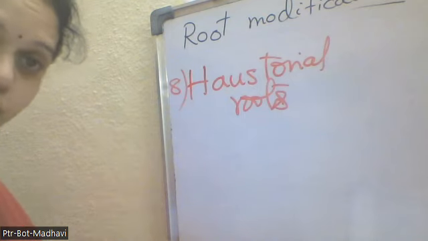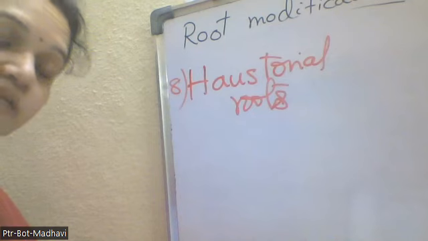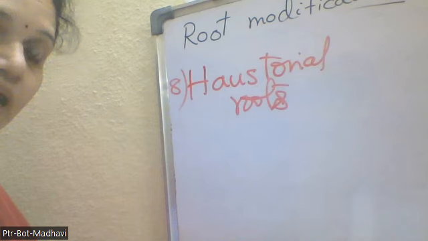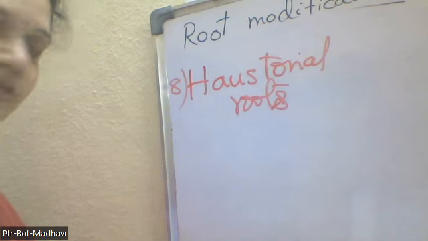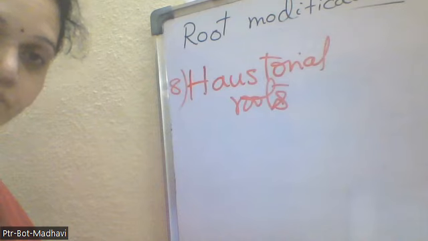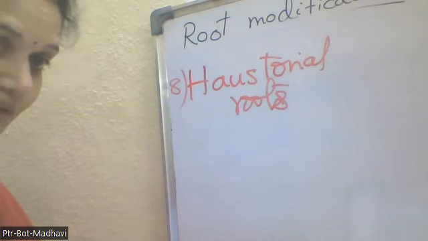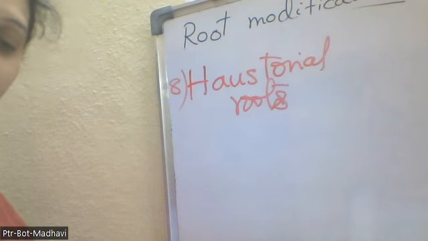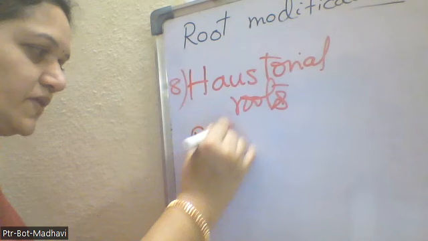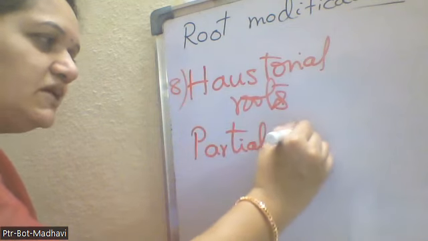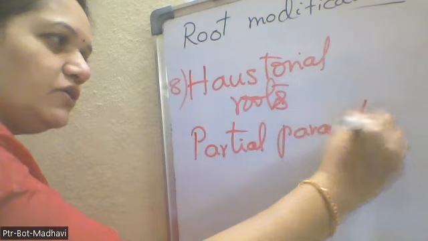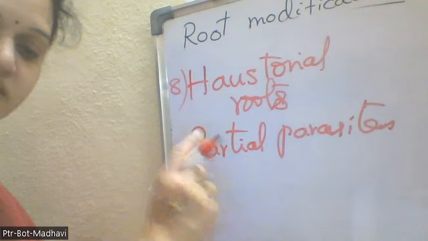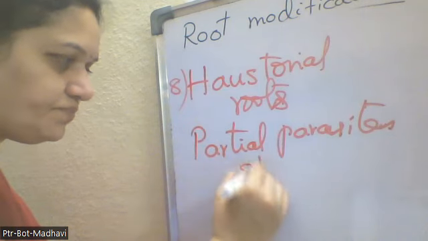Two types of parasites can be seen: root parasites and stem parasites. Usually these are called parasitic plants. In that also, complete parasites and partial parasites are there. Partial parasites means the plants which depend on the host for only one thing, either food or shelter. Example, striga.